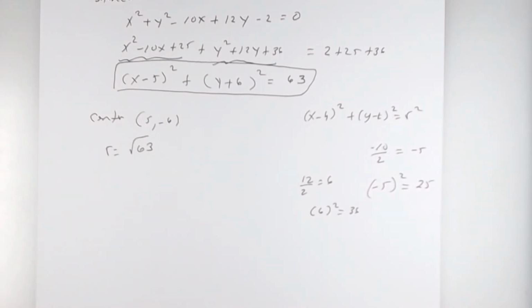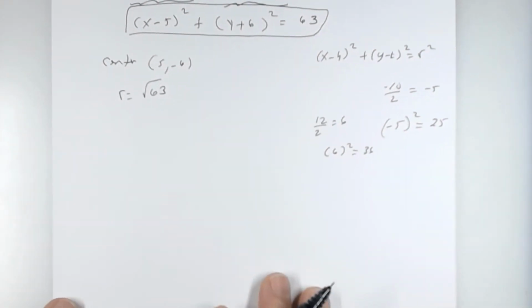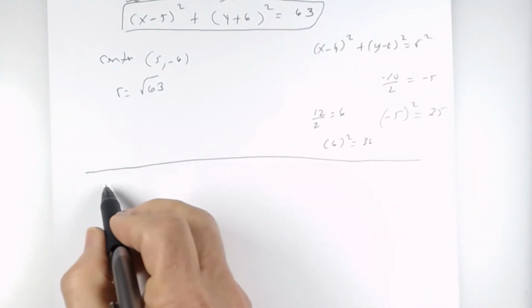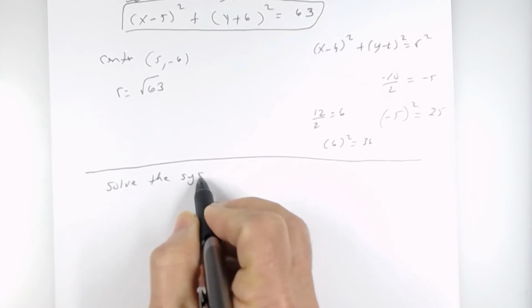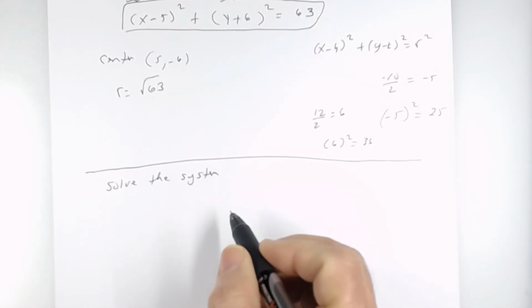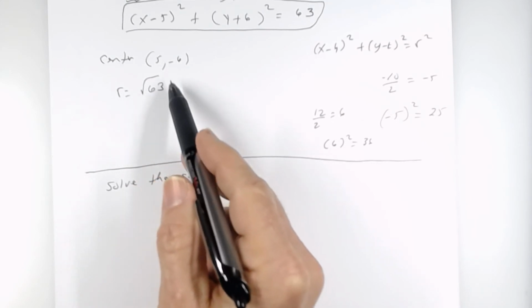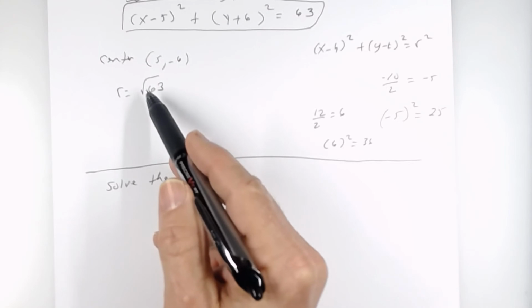The other thing that you need to be able to do on your quiz is to solve a system by substitution. That was one of the things you had to turn in today. Do you want us to simplify the radius when we have a problem? Her question is, do we have to simplify the square root of 63 or whatever the radical is?